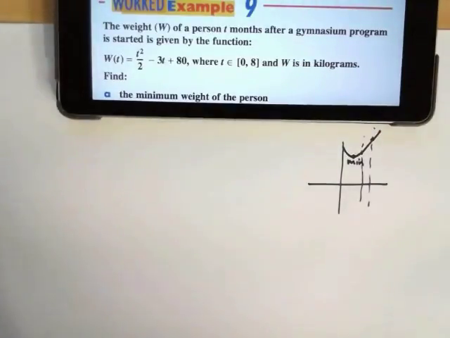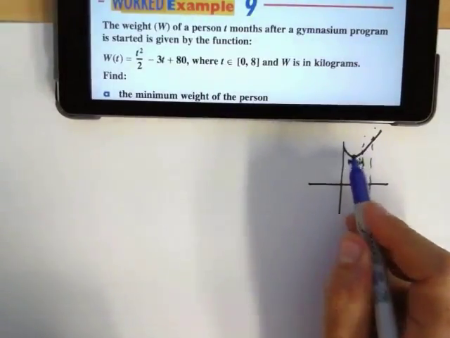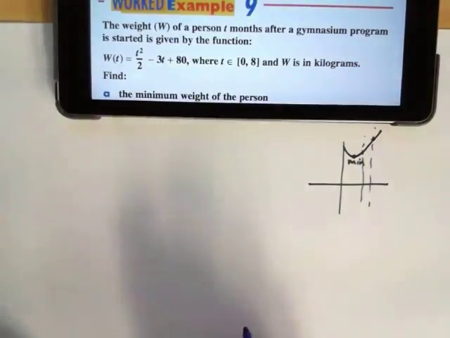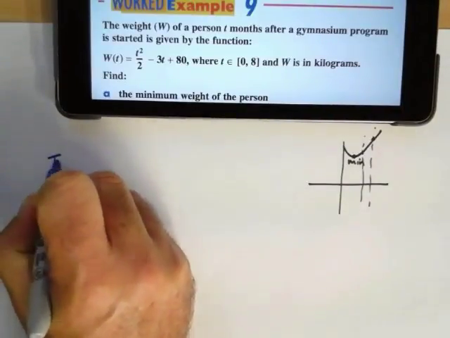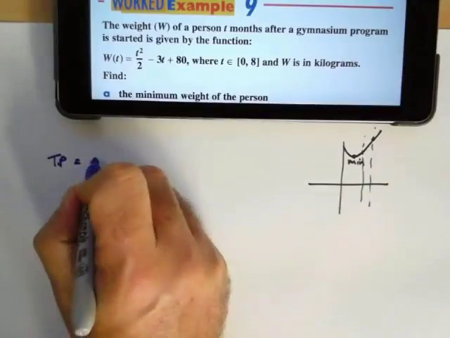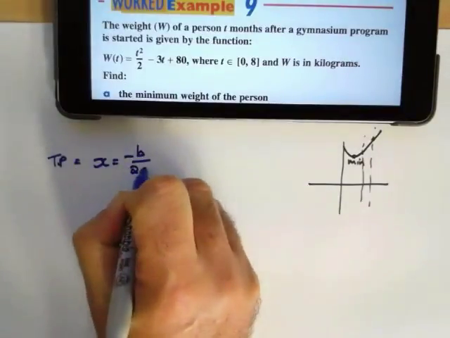Now, what I'm going to do is start off by finding the x value of my turning point. So to do that, I'm going to say turning point, my x value, equals minus b over 2a.